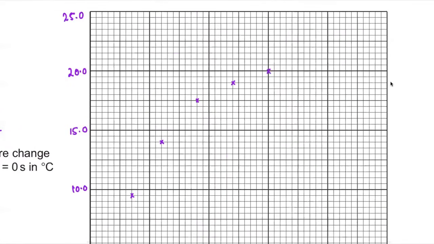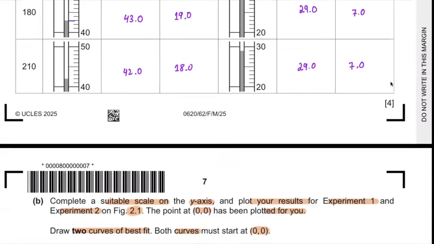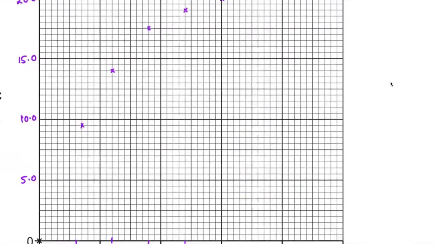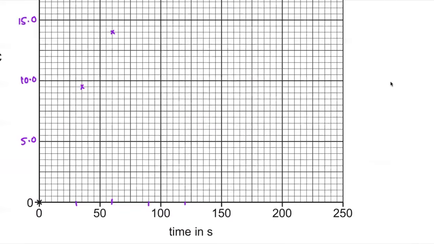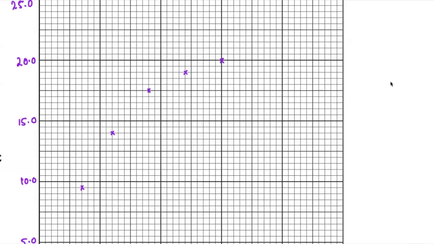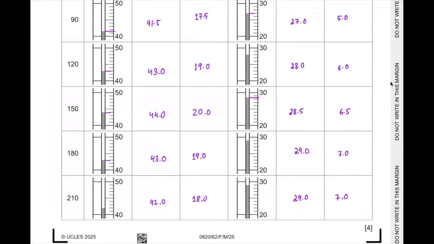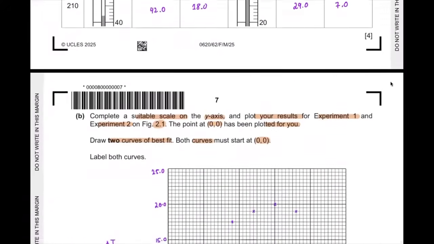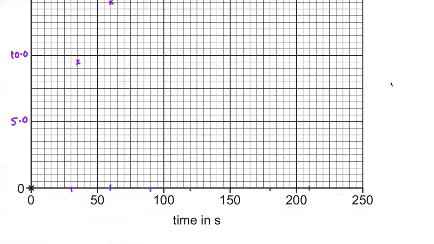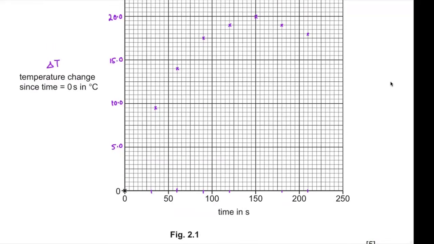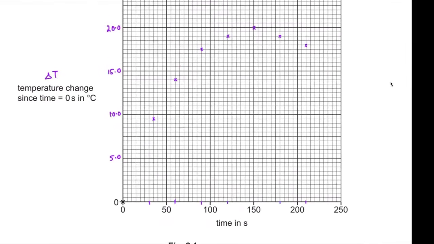So it is going to be like this. And then at 180, it's 19, right? And then at 210, it's 18. So 210 is over here, and 18 is going to be like this. Is this clear?